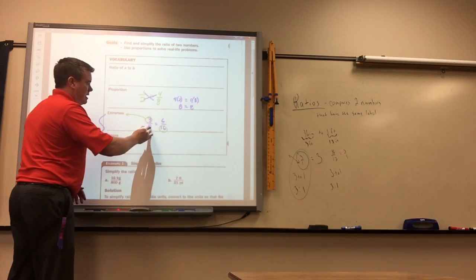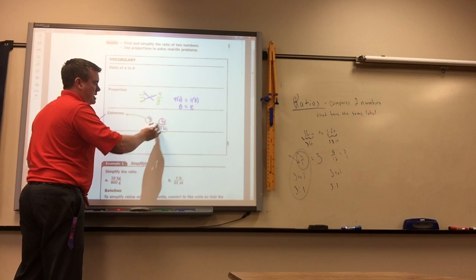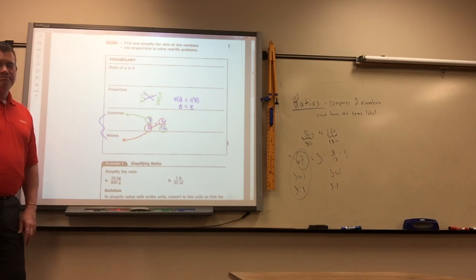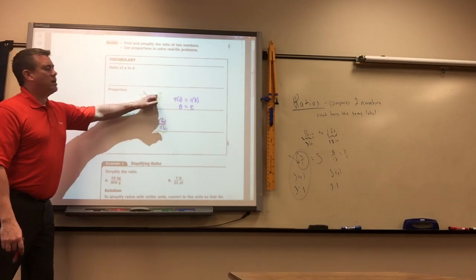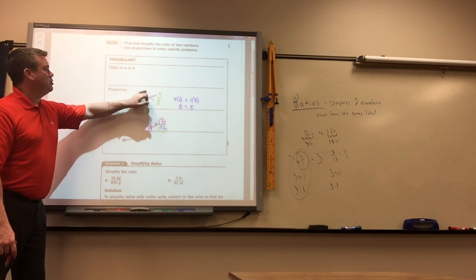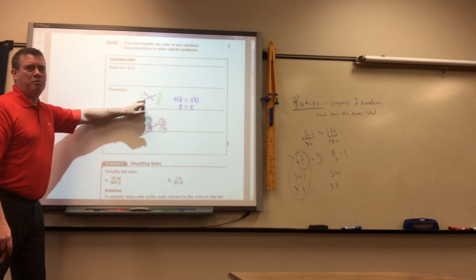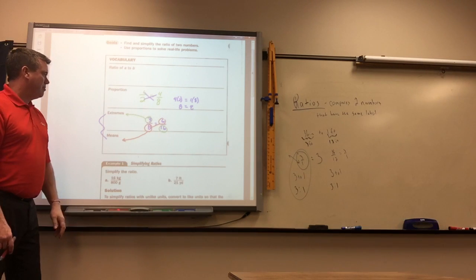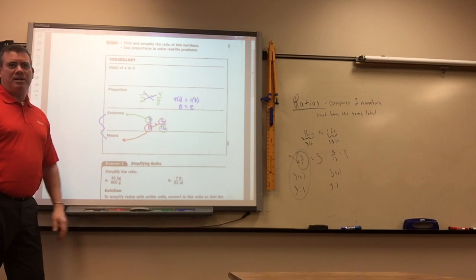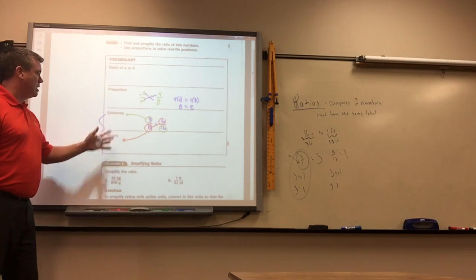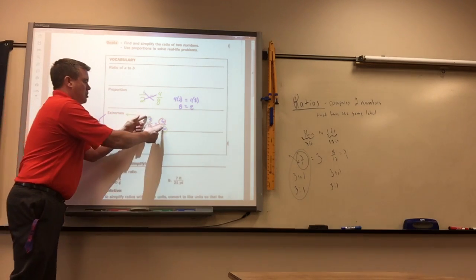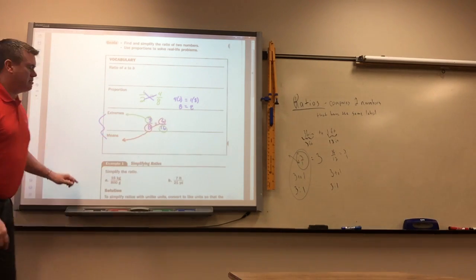And these 2, the ones that are kind of inside, are called the means. So when you do the cross products, you figure out, do the extremes multiplied equal the means multiplied? Those don't really have any application. I don't know why you need to know that, but it's in there. These 2 are the extremes, these 2 are the means.